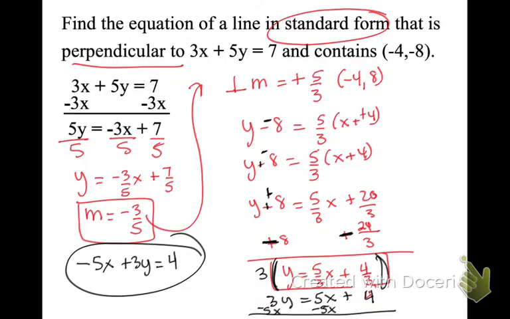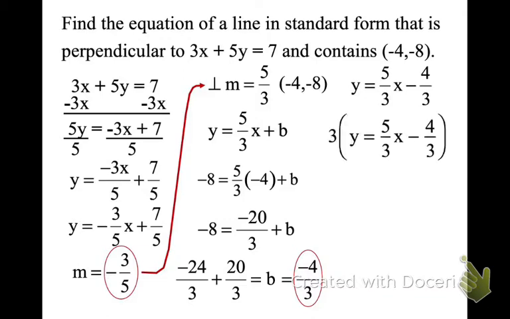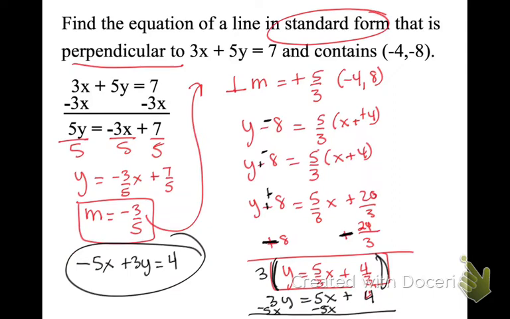So, one more time, if you want to look at it in slope-intercept, we should have ended up with y equals 5/3x plus 4/3. I'm going to multiply everything by 3, clear the fraction, and then subtract 5x. There we go. I still got that wrong. Wow. Well, first lesson of the day is always tough.